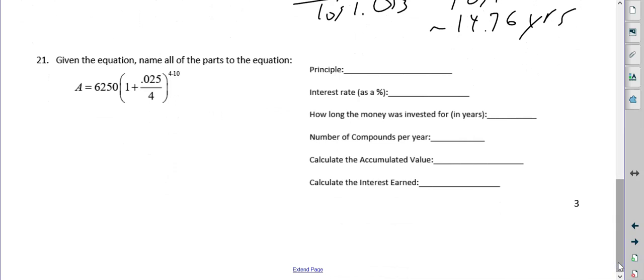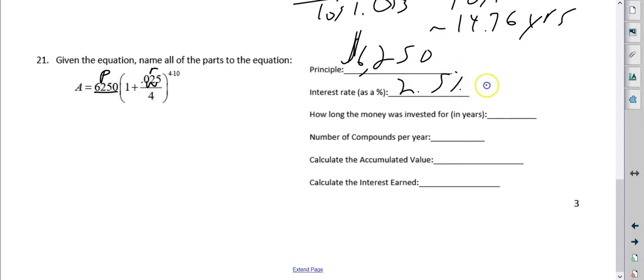All right, now in this one, name all the parts. So principal, that's right here, P. $6,250. Interest rate as a percent. So this is rate right here, but we have to move the decimal 2 places to the right, 2.5%.